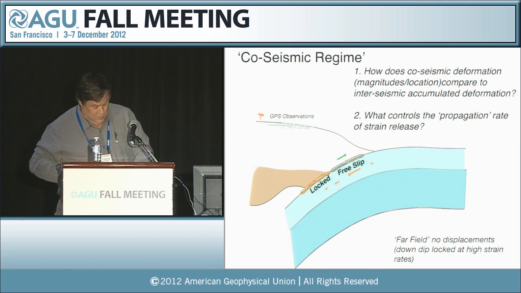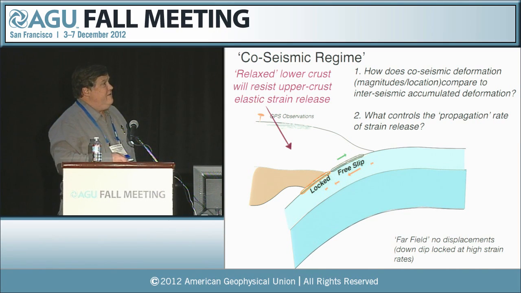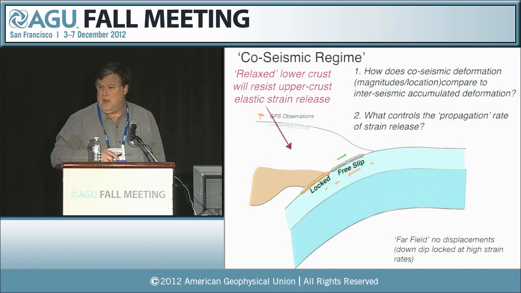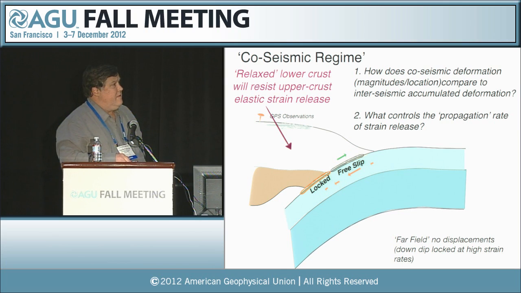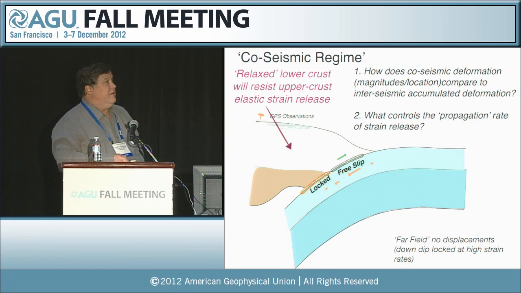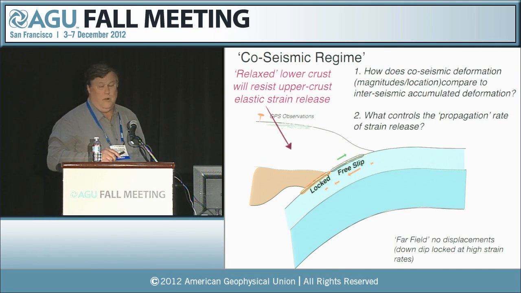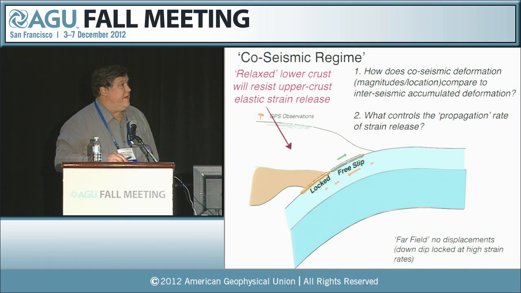The other thing we need to remember, though, and this is something that we haven't looked at, but I'll allude to, is that even within the upper plate, we're modeling a simple elastic rheology, but in the real world, this is not an elastic rheology, and so there's going to be strain relaxation within, say, the lower part of the upper plate as it accumulates, and it's only going to be the upper part of this system that will actually host or record the elastic strain accumulation.